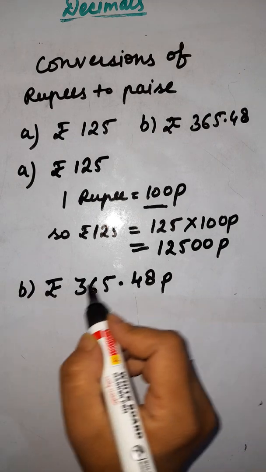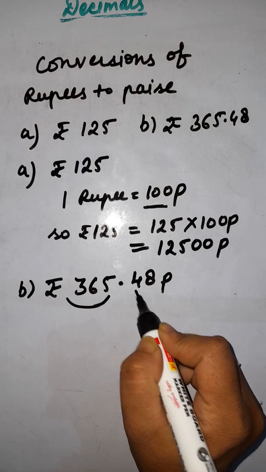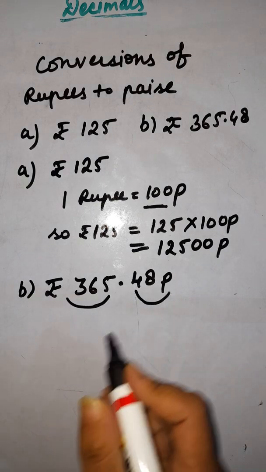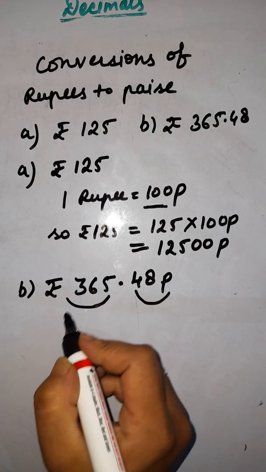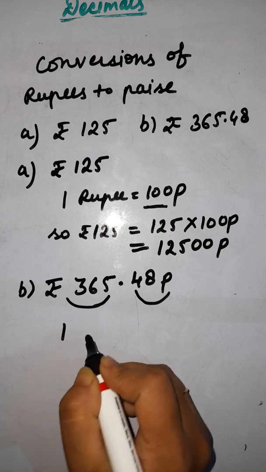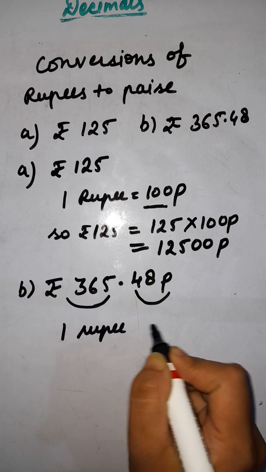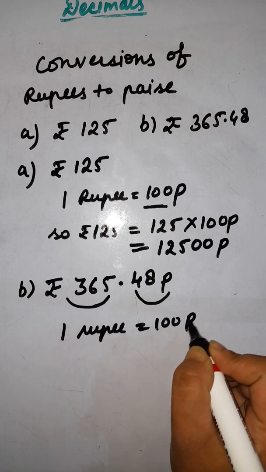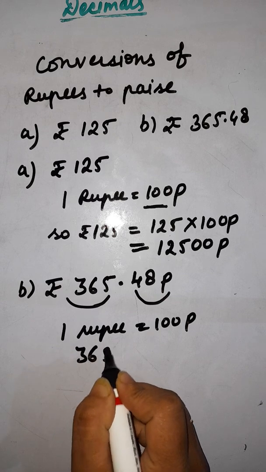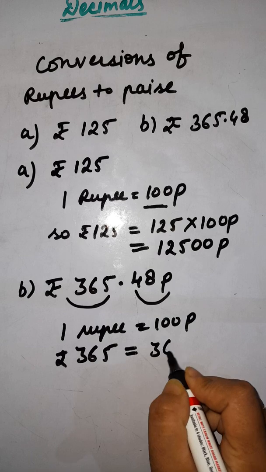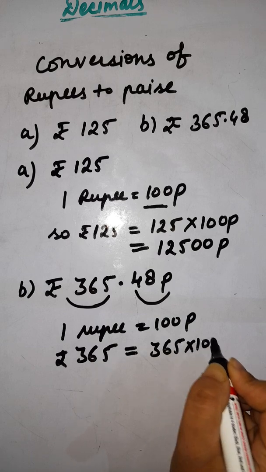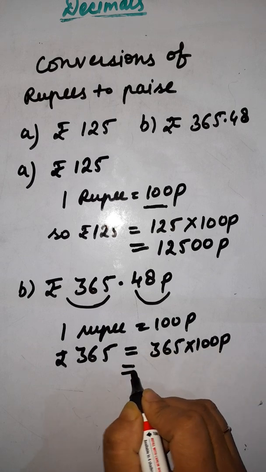Another example is convert rupees 365 and 48 paise to paise. So we have here rupees and paise. First we'll convert the rupees into paise. 1 rupee is equal to 100 paise, so 365 rupee is equal to 365 multiplied by 100 paise.